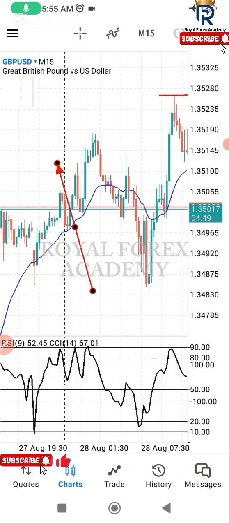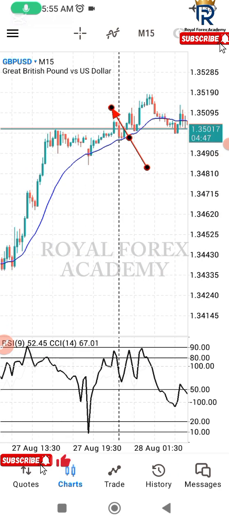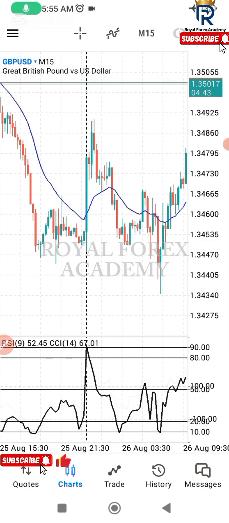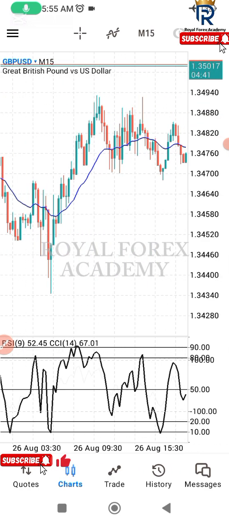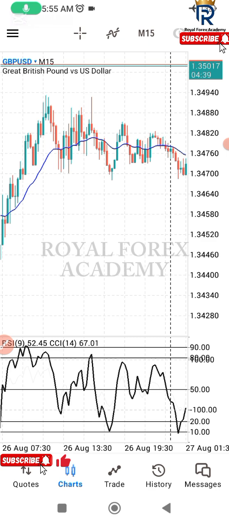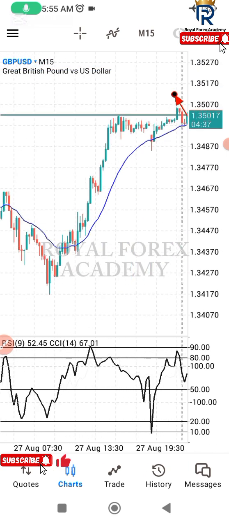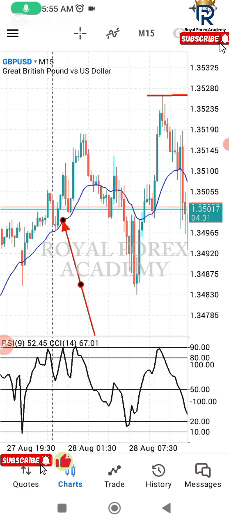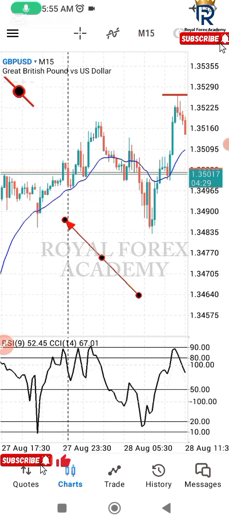Let's go a bit back to see what has happened in times past and see how this also can be a source of escape from price manipulation. If you look at these two as well, you realize that a lot happens.